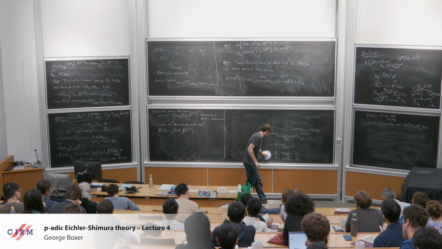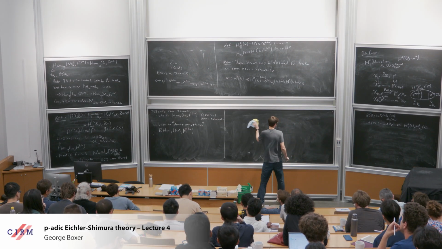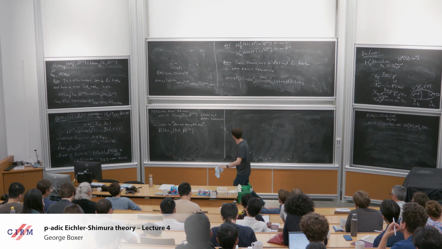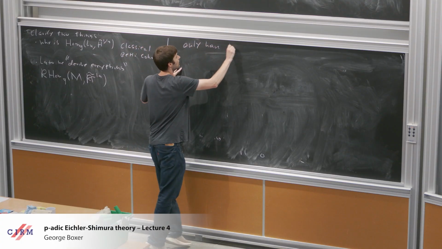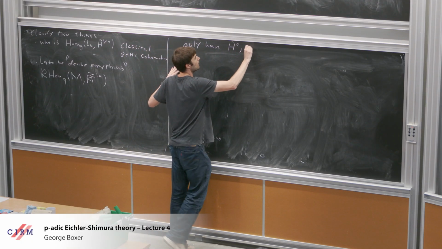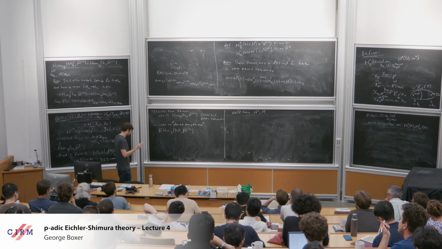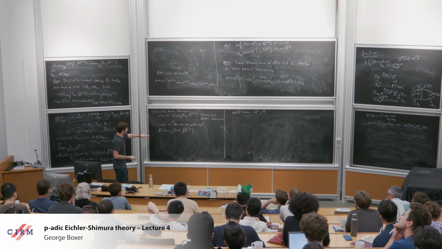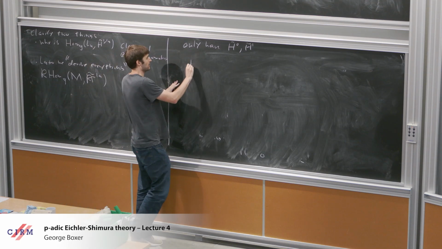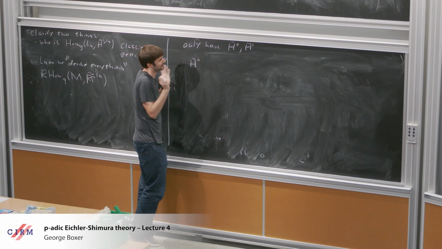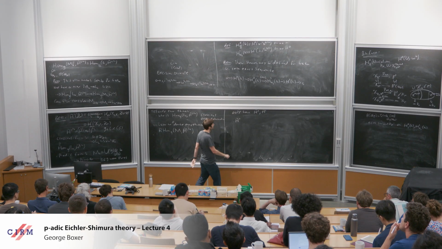But the point is that, okay, the modular curve only has H0 and H1. So there's no higher cohomology. And moreover, the H0 is actually pretty simple. It's not very interesting.